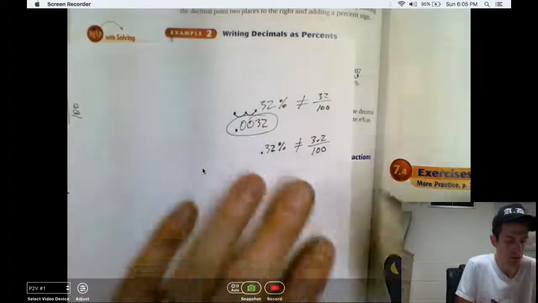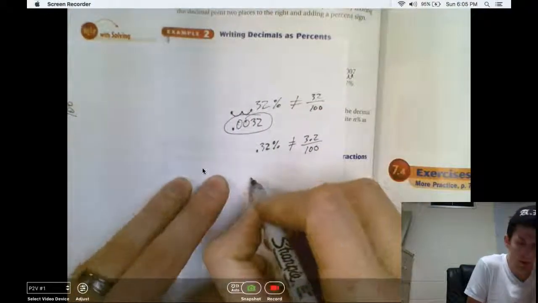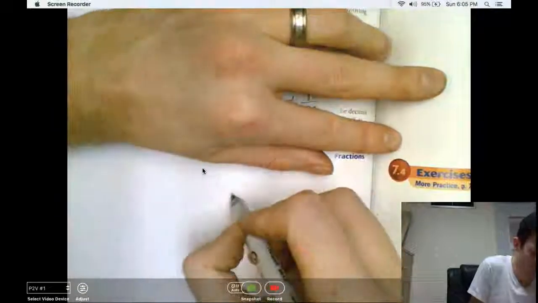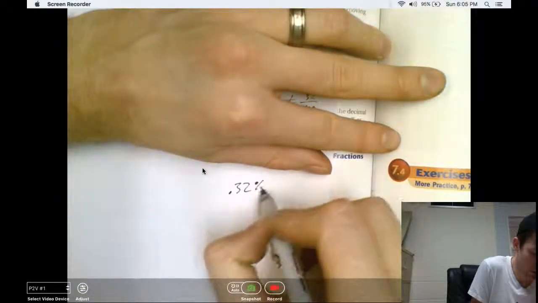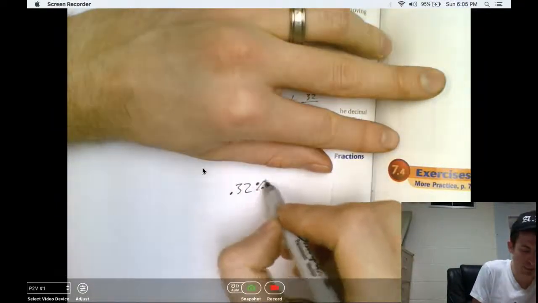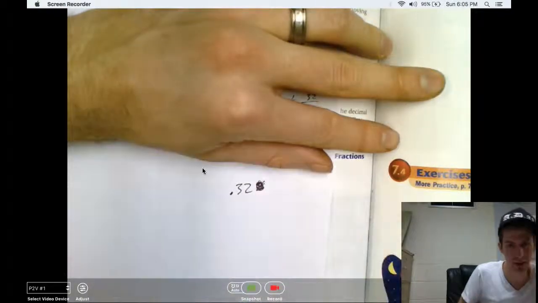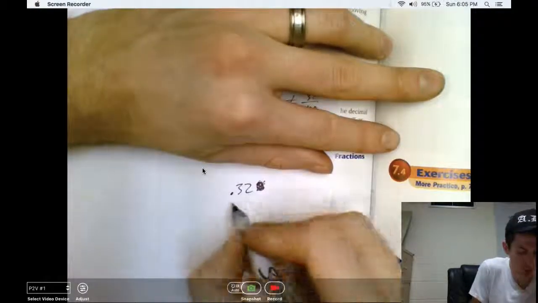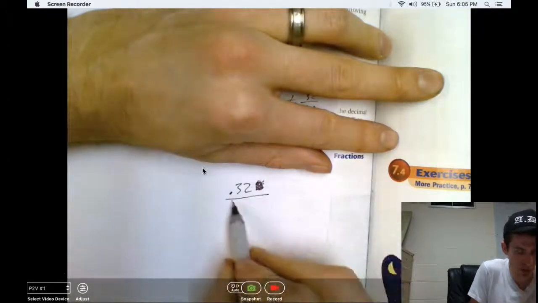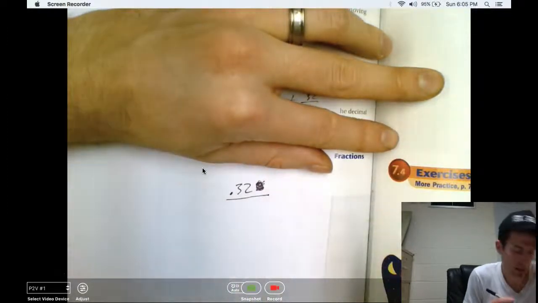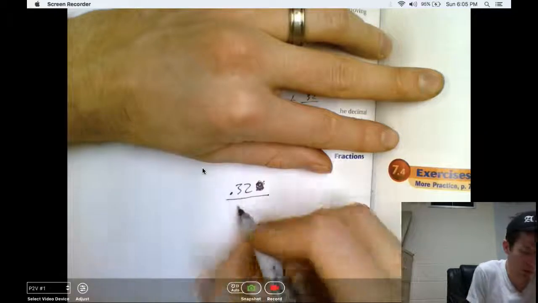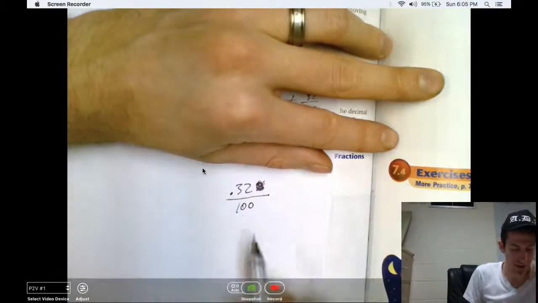Just think about the actual word. I'm going to write it once more, 0.32%. Instead of writing the percent symbol, just say per, because that line means per: 0.32 per 100. Now we have it.